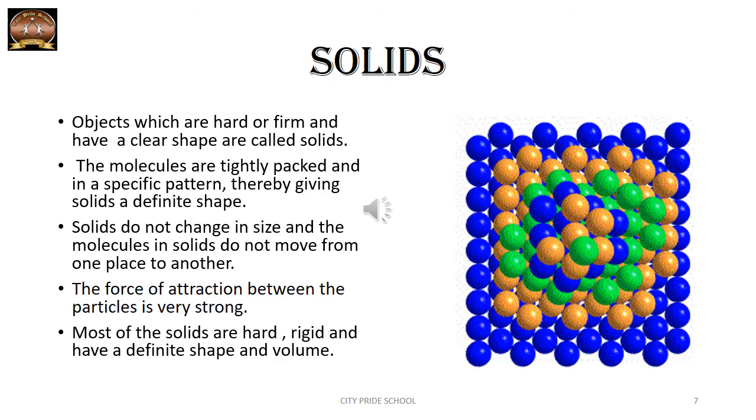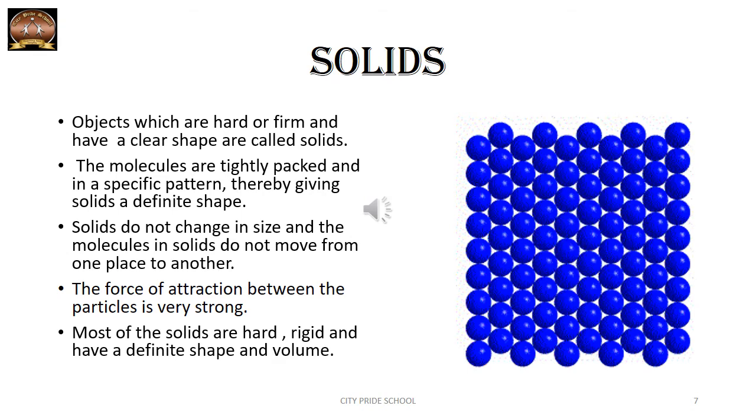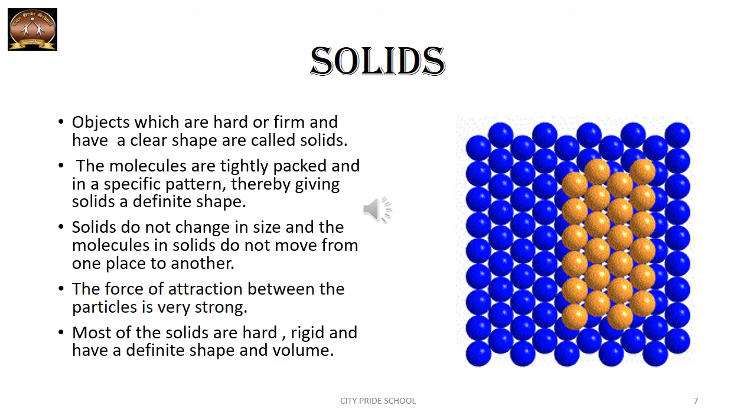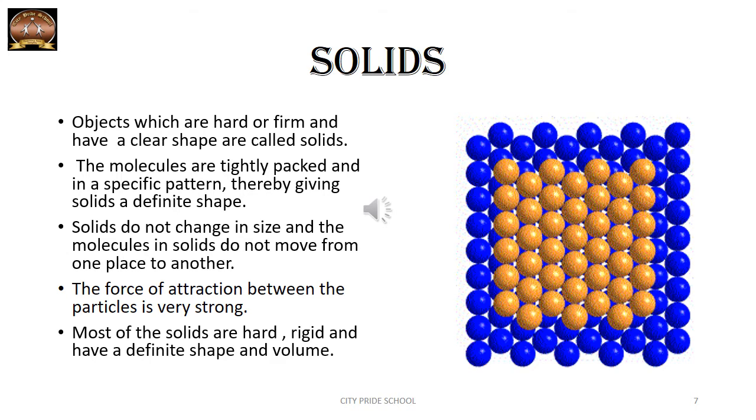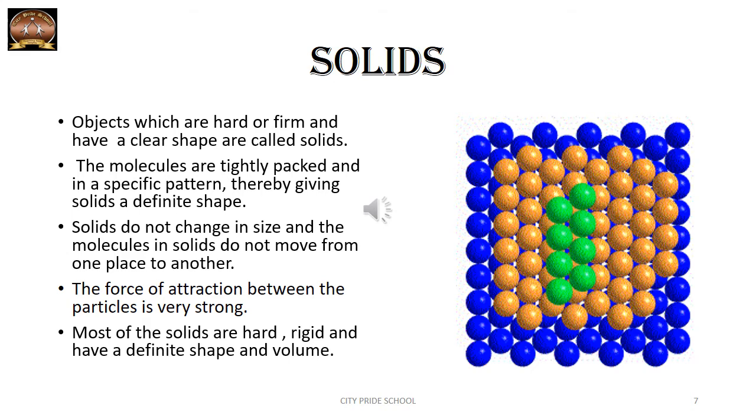Due to this reason, that the distance between the molecules is very less, or it is the least actually, and the force of attraction is very strong, most of the solids will be hard, rigid, and they will have a definite shape and volume.